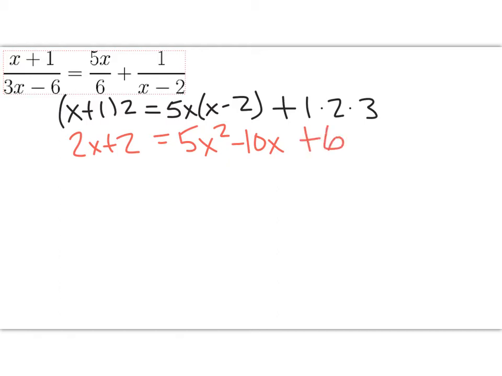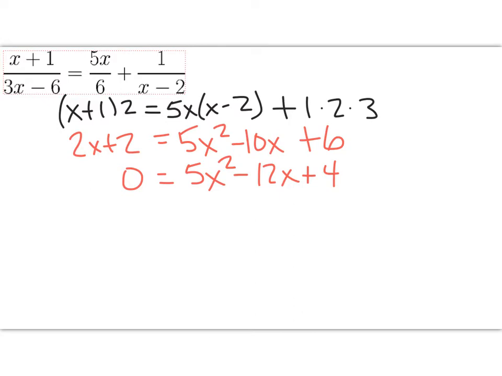This is shaping up to be a quadratic equation, as indicated by the fact that there is an x squared term that's not going anywhere. When we put all of the terms together by subtracting 2x from each side and subtracting 2 from each side, we get 5x squared minus 12x plus 4.